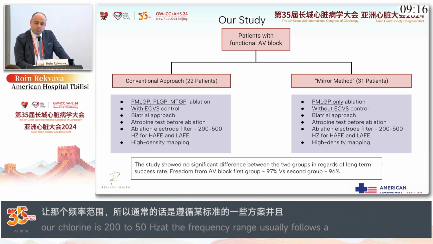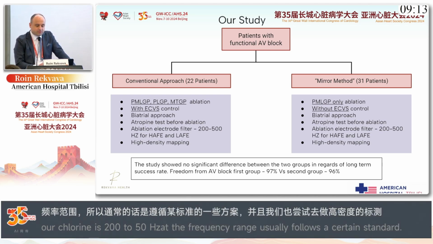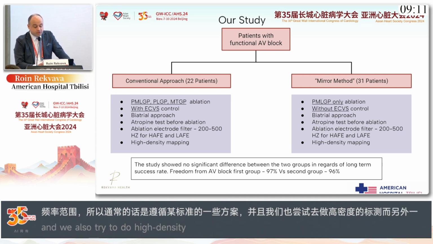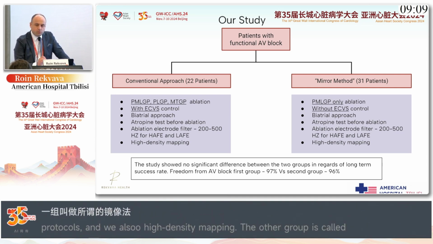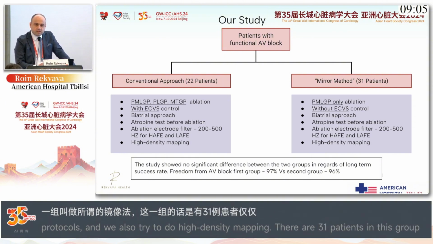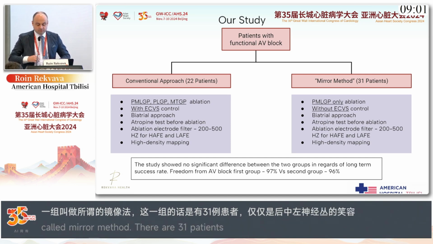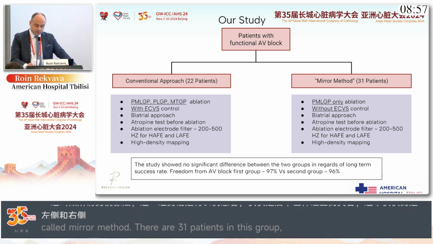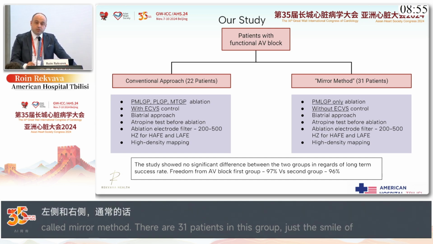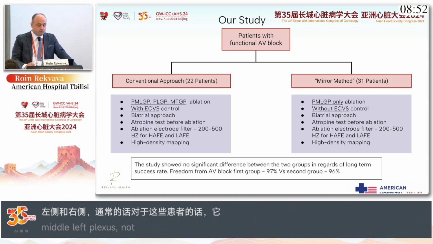And another group, we call it the mirror method, because it was 31 patients with only posterior middle left ganglionated plexi ablation. So it's not only left and right, but always this pyramidal space with this group of patients. And in this particular group we don't use extracardiac vagal stimulation.